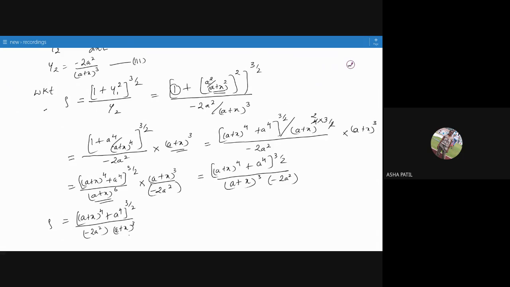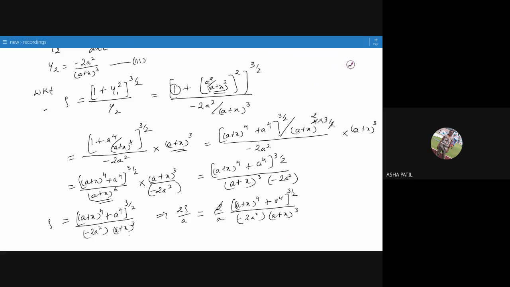Now from what is asked, we need 2 rho by a. So if you multiply by 2 by a on both sides, it is 2 by a into (a plus x raised to 4 plus a raised to 4) raised to 3 by 2, whole divided by minus 2a square into (a plus x) whole cube.